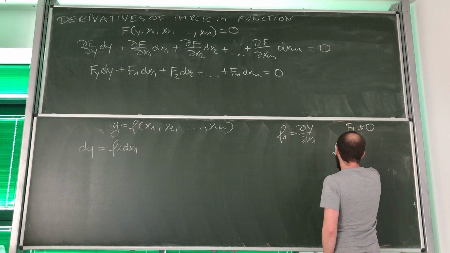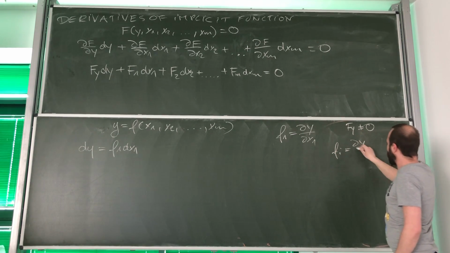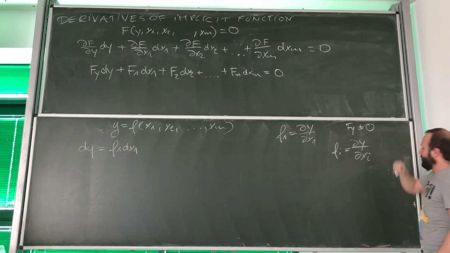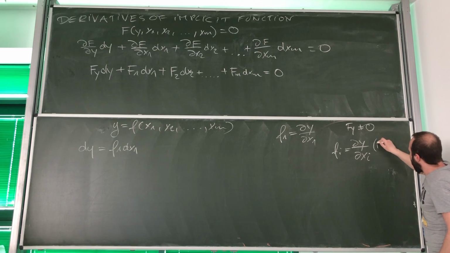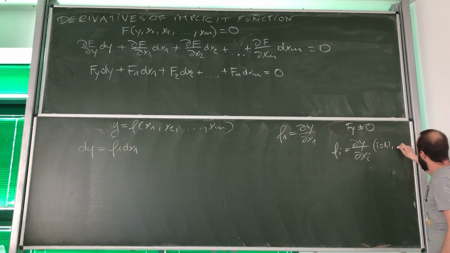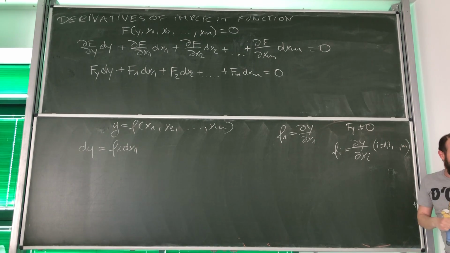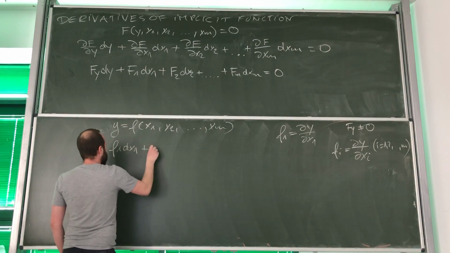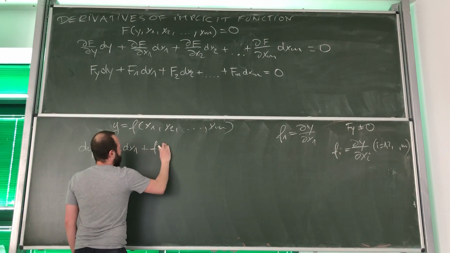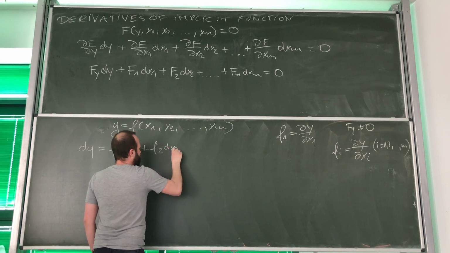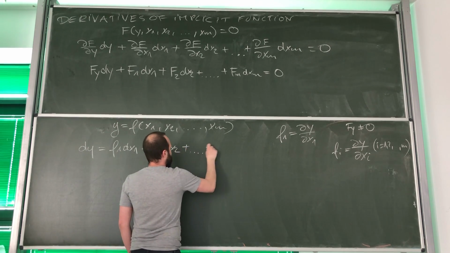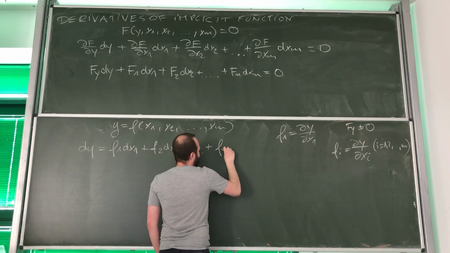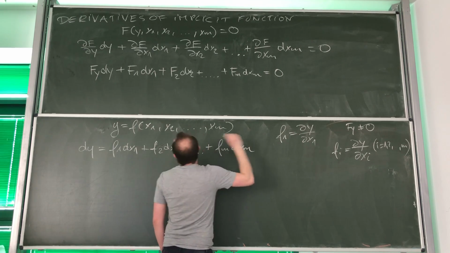And generally, fi is the partial derivative of y with respect to xi with i equal to 1, 2, until m. Plus f2 dx2 plus until fm dxm.